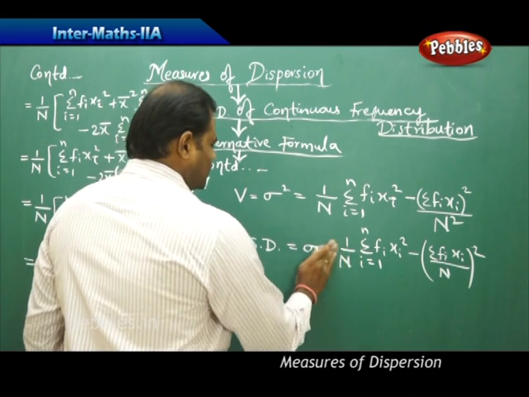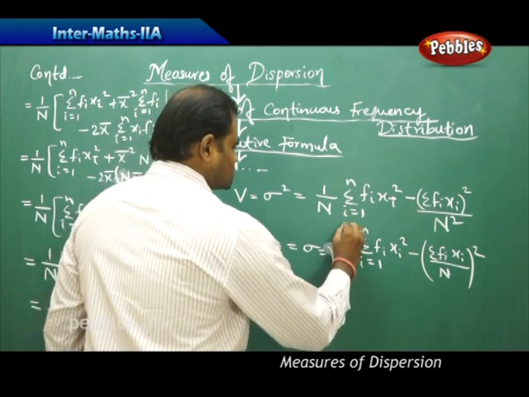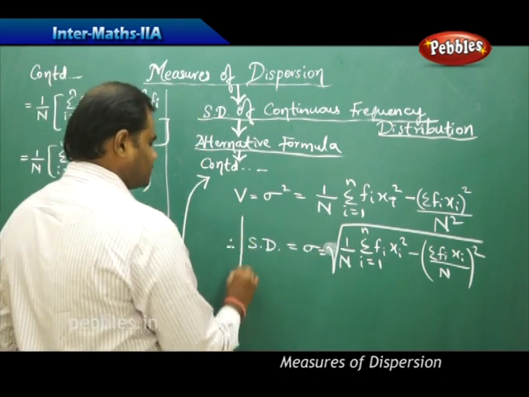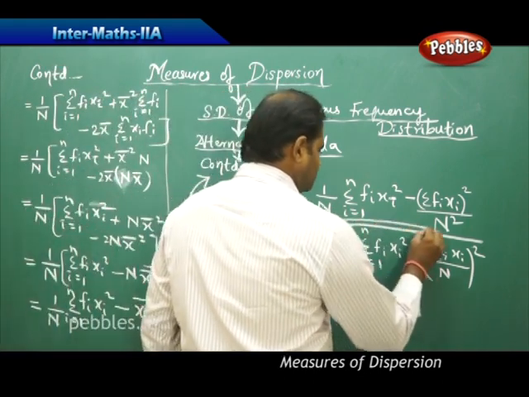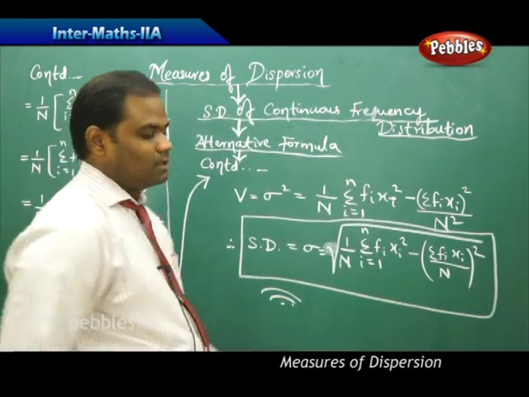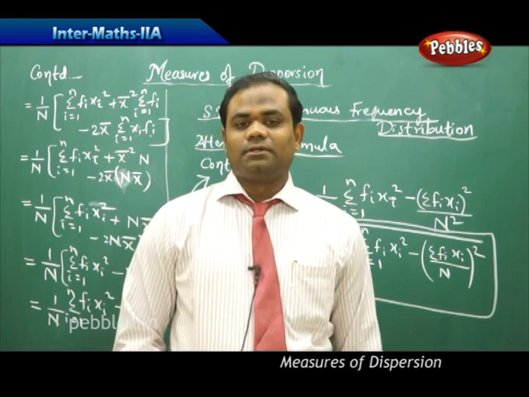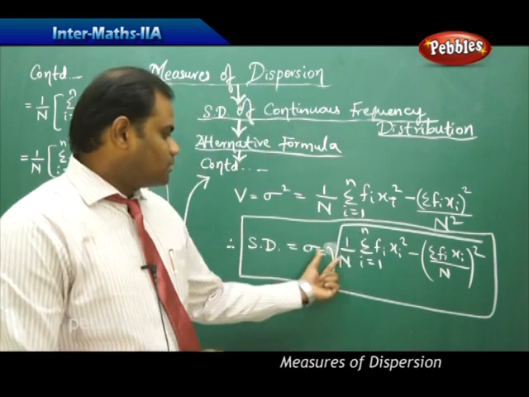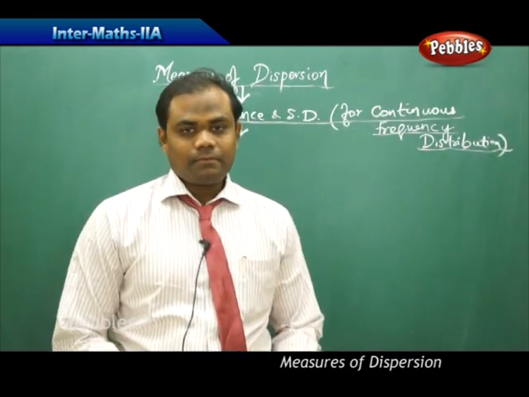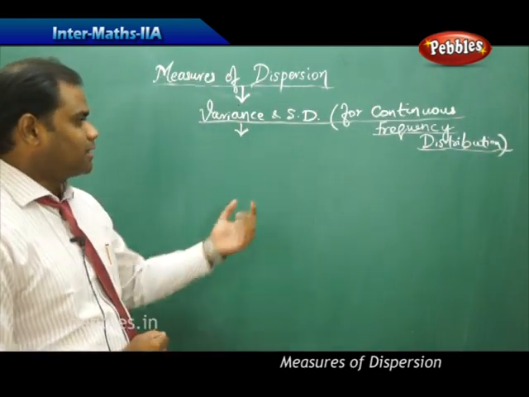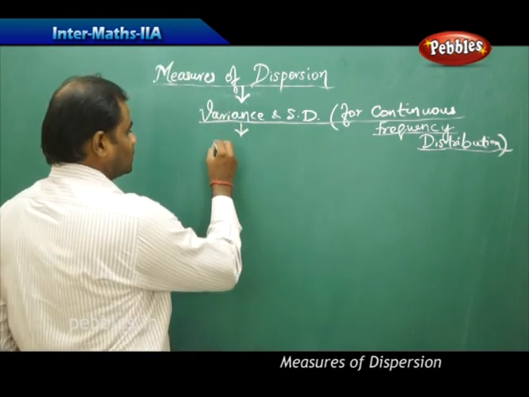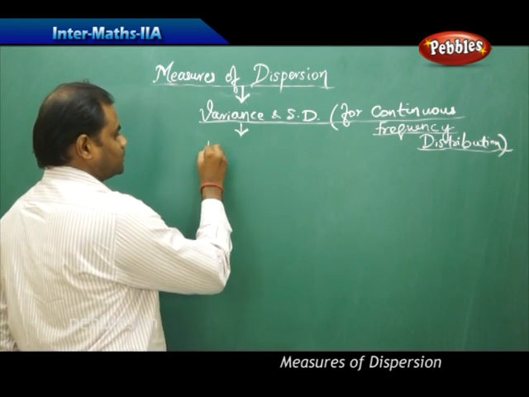This is the standard deviation of the given problem. So this is the alternative formula for standard deviation, which can be computed using fi xi square and fi xi on the whole. Now let's see how to find variance and standard deviation for a continuous frequency distribution using the step deviation method.